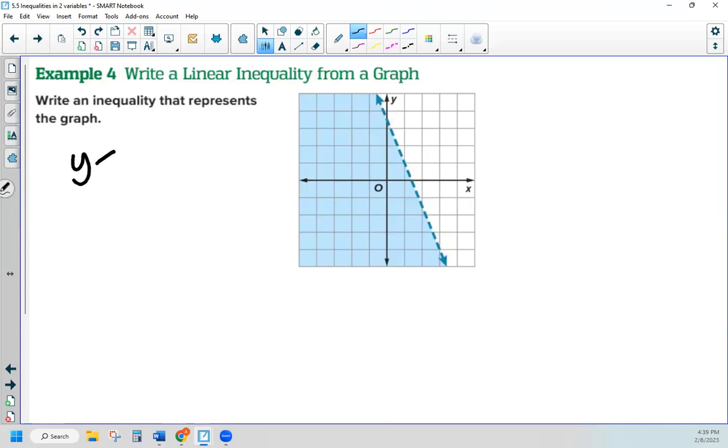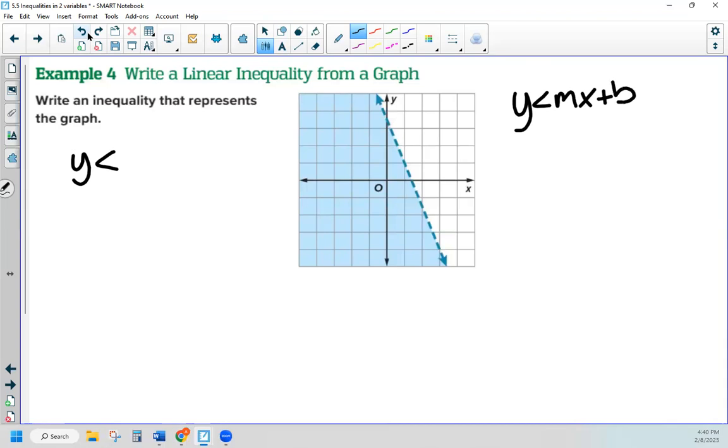Y is less than. All right, let's go ahead and talk about the slope once again. Look at this line. It has a negative slope. So I know that my line is going to look like this. Y equals mx plus b. I'm going to write it in slope-intercept form. But obviously, I'm not going to be using an equal sign. I'm going to be using an inequality sign, which I already have there.